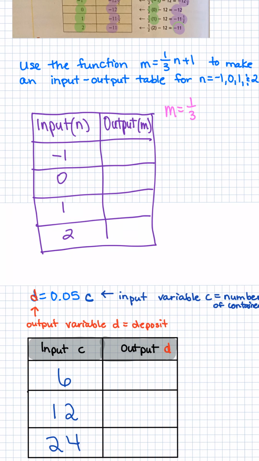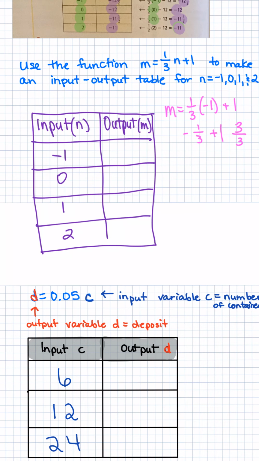So if we go m equals, let's do a different color for this, 1/3 n plus 1, and we're putting in -1. Solve that. So -1 times 1/3 is going to be, actually, -1/3 plus 1. So then we'll need to combine those. So 1 could be rewritten as 3/3.